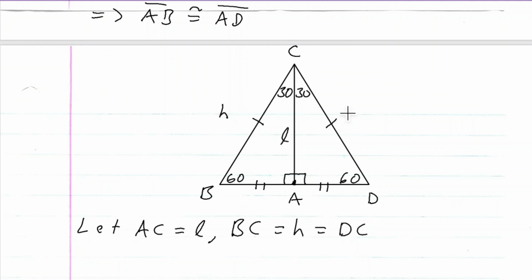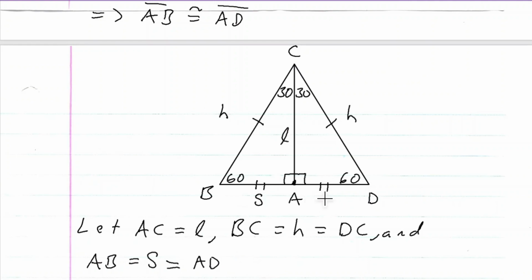So H and H. And I'm going to let AB equal S, right? S, because that's the length of the shorter leg, S. And that's equal to AD, right?